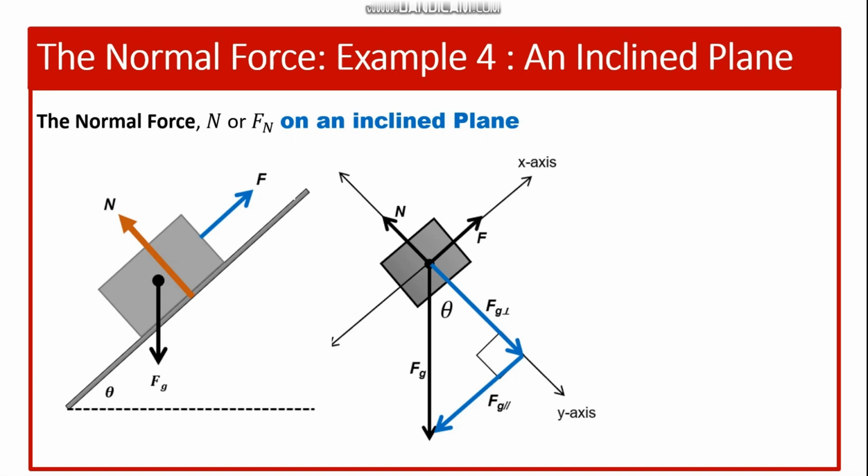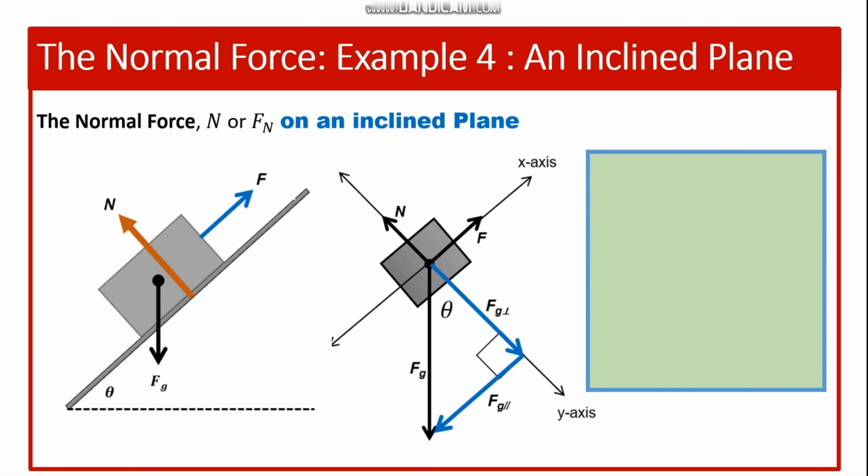But remember, for the normal force, we consider only forces that are acting in the vertical direction, and therefore, if you look at the forces acting in the vertical direction, we have only the normal force versus Fg perpendicular.